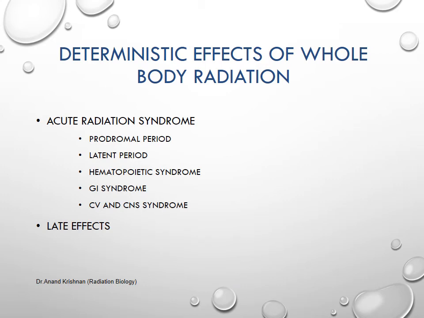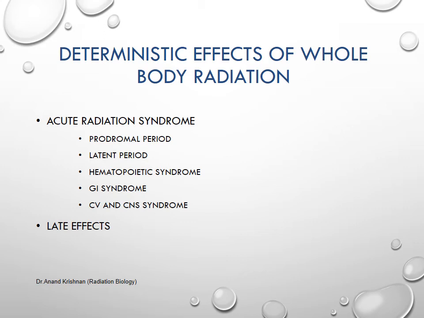Moving on to the deterministic effects of whole body radiation. It can lead to something called ARS, which stands for acute radiation syndrome. I used the same terminology, ARS, when I talked about radiation given in very short doses for a longer duration.